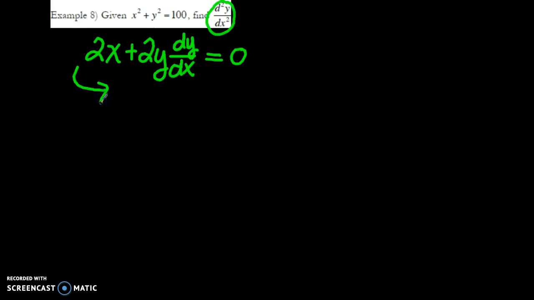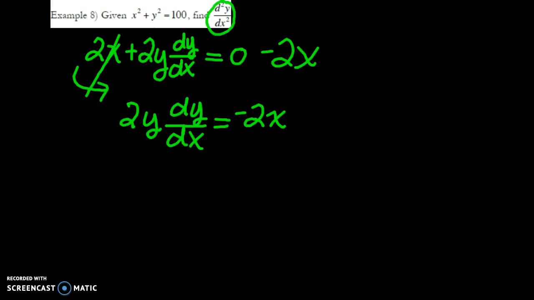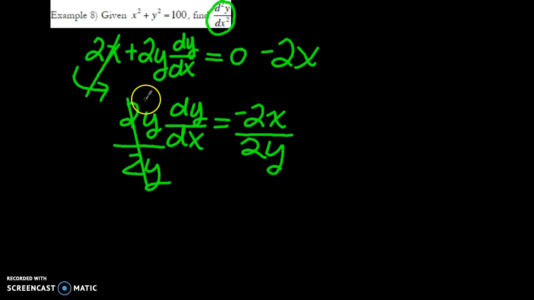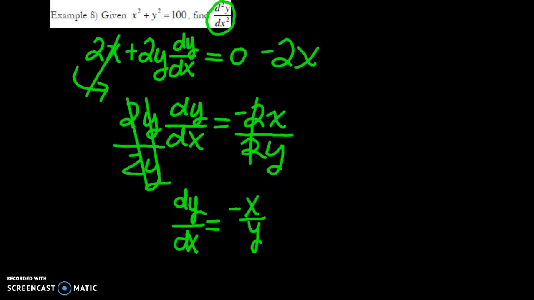You end up with that right there, and just like before, go ahead and put all the like terms on one side and move all the other ones to the other, so that you end up with this right there, and then divide out the 2y to both sides, so that you end up with that.